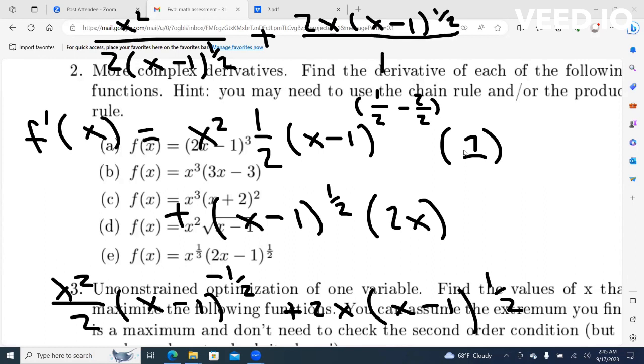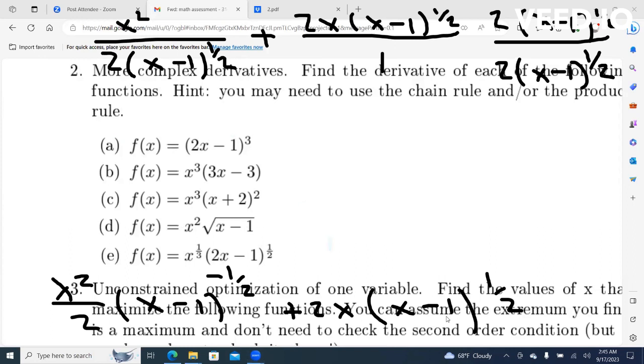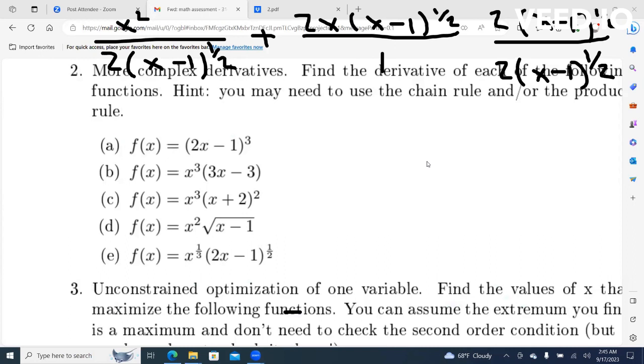And yes, if we want a common denominator, we can multiply top and bottom by x minus 1 to the 1/2. It should be very, very easy to do common denominator stuff, even if the problem is crazy hard.